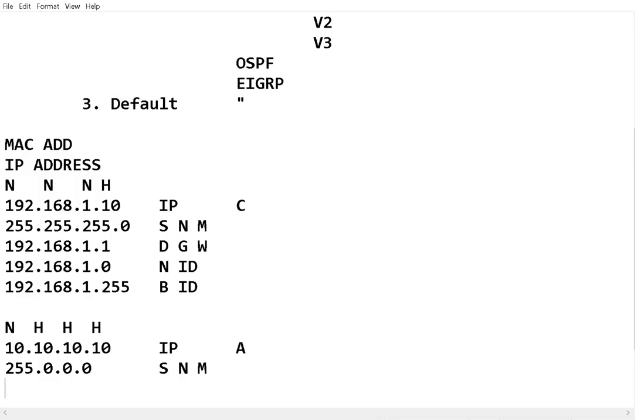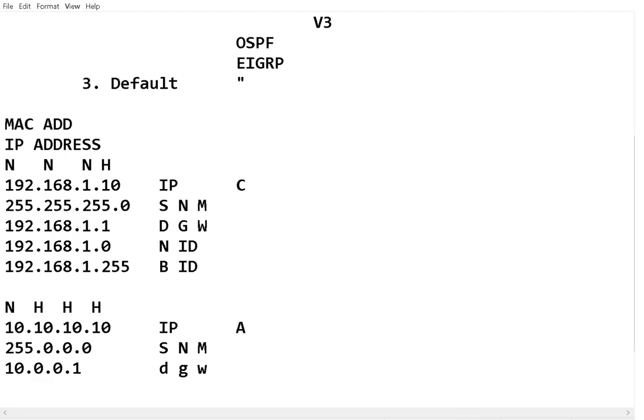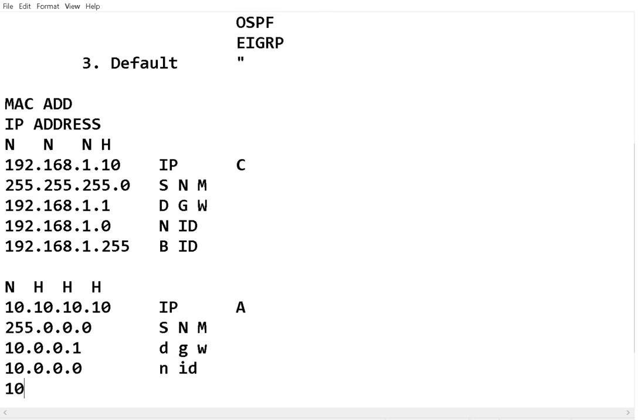Default gateway: 10.0.0.1, the network should be the same, host as you wish. Network ID: 10.0.0.0. Broadcast ID: 10.255.255.255. Clear?